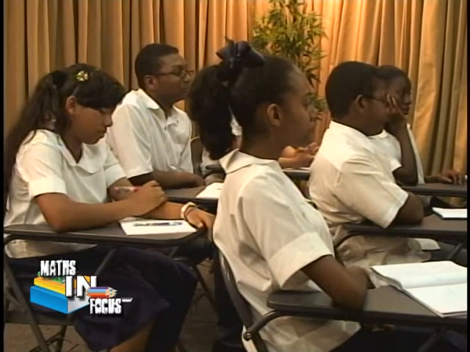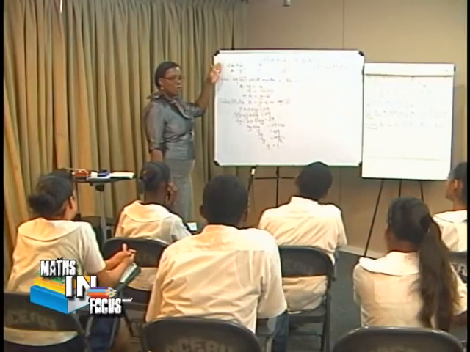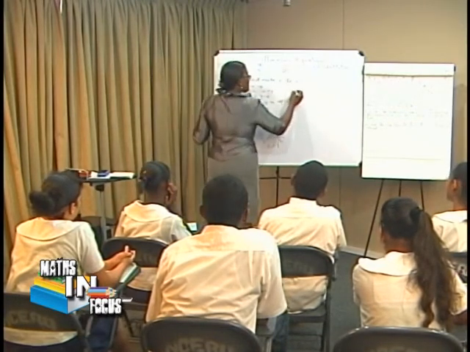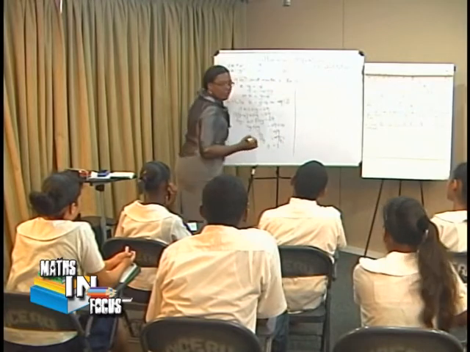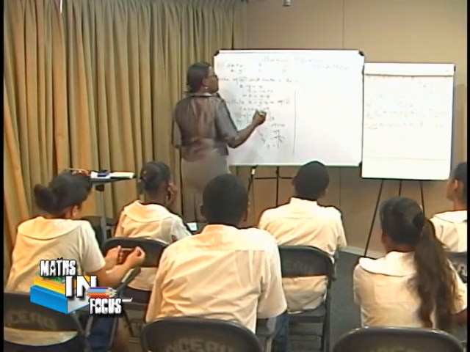Now we know that y is 7. We resubstitute y into any one of the two to find x. Which one of them did you choose? Equation 1 or 2? Equation 1.